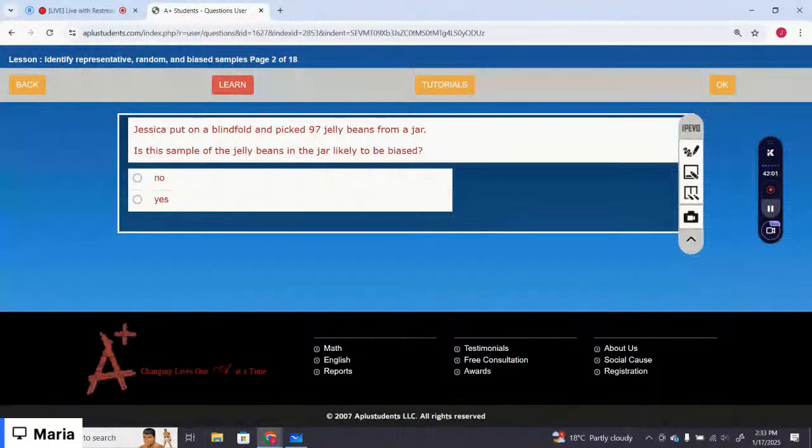Jessica put on a blindfold and picked 97 jelly beans from a jar. Is the sample of the jelly beans in the jar likely to be biased? Which is the correct option? That is no, that is just a random sample.